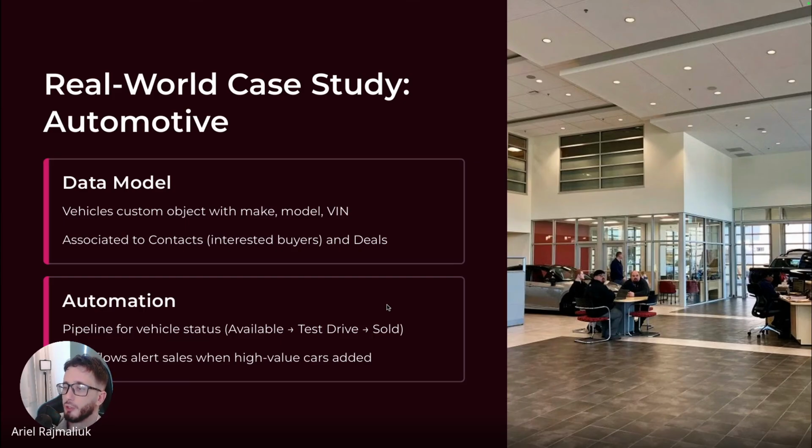Let's say you have, let's say in automotive, right? As I said, you have the data model and you need to automate a lot of stuff. So if they are selling cars, are you going to use products, or are you going to create a custom object? Well, in most cases, you will use both.